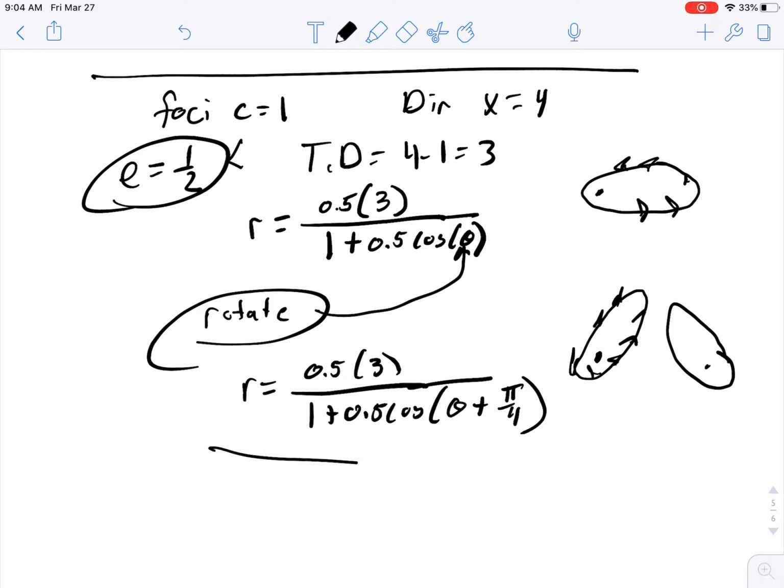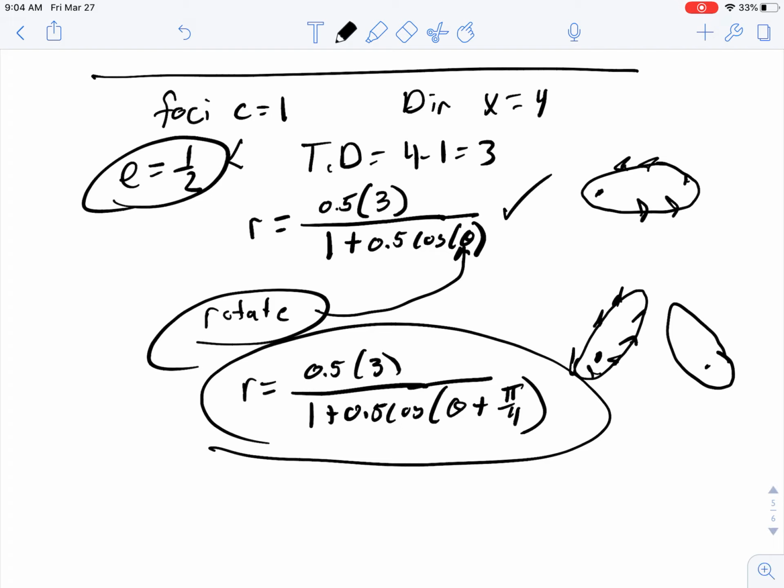That would rotate it. So what I want you to do now, and this is all we're going to do here, there's nothing left, is grab your calculator and play around with your angle measurements. First off, graph the first one, see where your focus and directrix are. Then switch in your angle measurements, and go pi over 4, pi over 6, pi over 3, pi over 2.